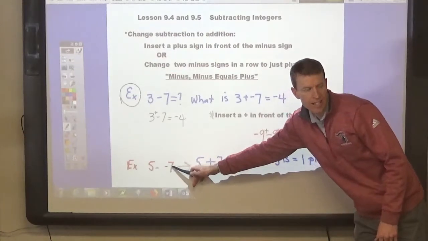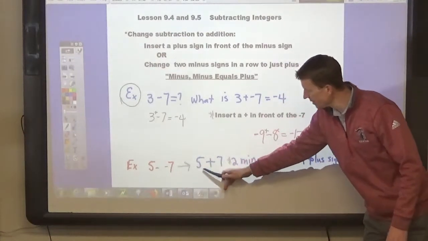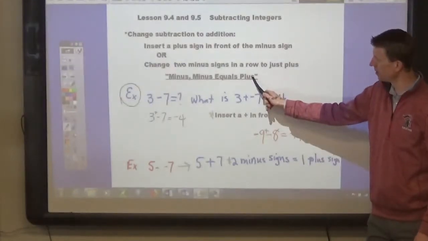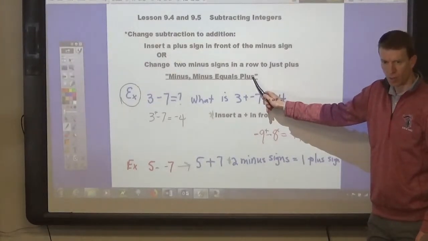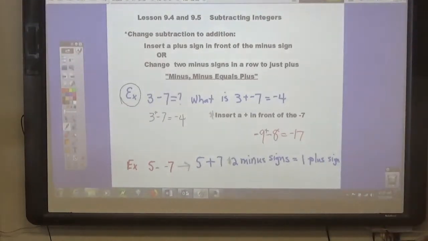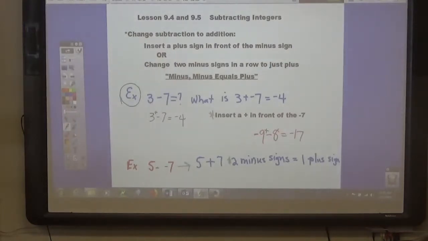So in this case, 5 minus negative 7 is the same as 5 plus 7. We change it to just plus. The minus signs really cancel each other out. Kind of like if you're speaking two negatives in a row.